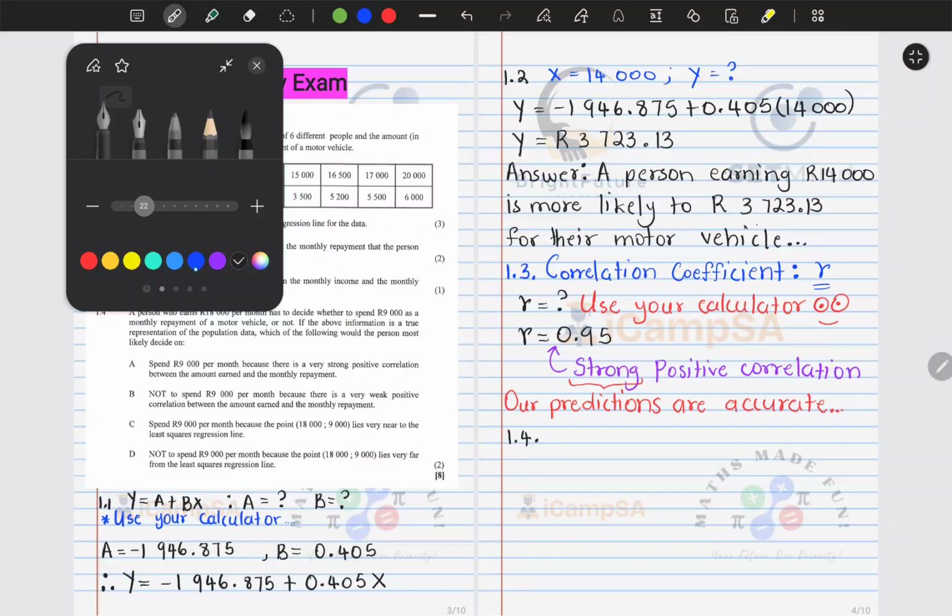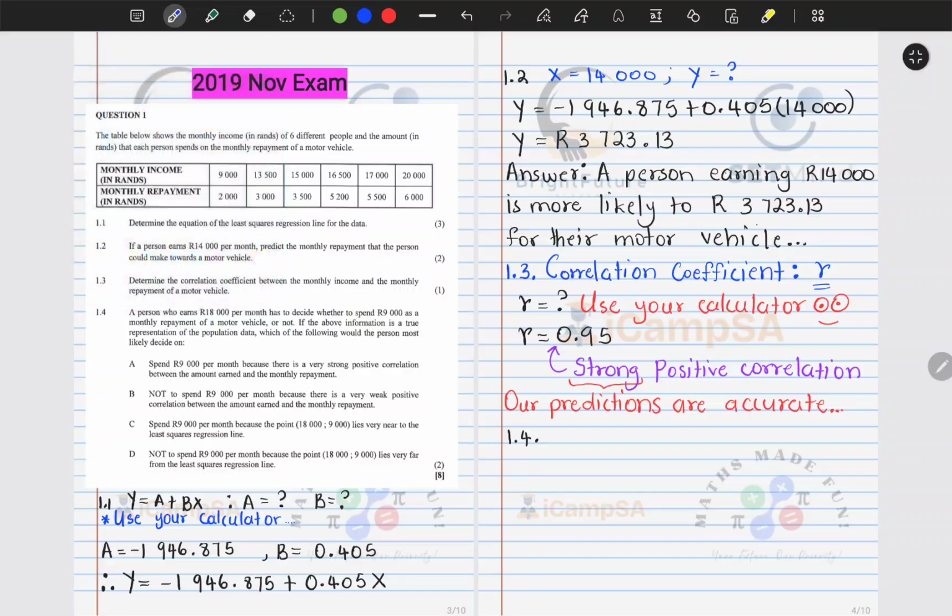So what I'm going to do is figure out, if this person is earning X, which is 18,000, according to our equation, what is our Y supposed to be? Okay, that's the first thing that I'm going to try and figure out. So our Y will simply be what we have, -946.875, then plus 0.405 into 18,000.